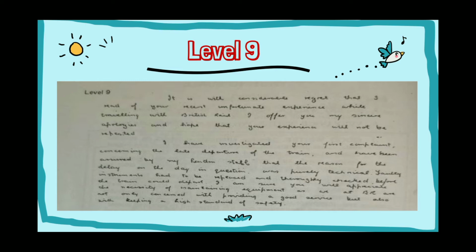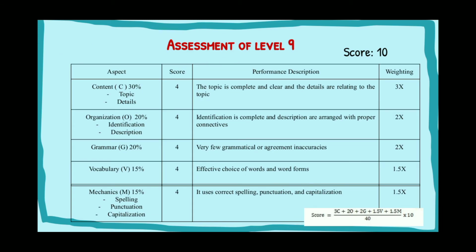As you can see here, there are 2 paragraphs of writing. Then, according to the scoring rubric, the assessment of level 9, starting from the content, I give 4 because the topic is complete and clear and the details are relating to the topic.